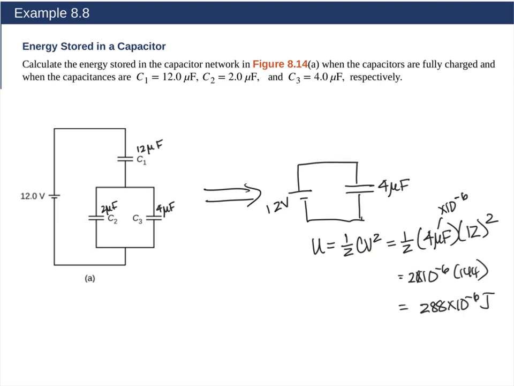And that would be the total energy. I should be able to work back and find the energy of each of them individually. And if I did them each individually, I should also see if I add them all up, I should get the same total amount of energy. And that's it.